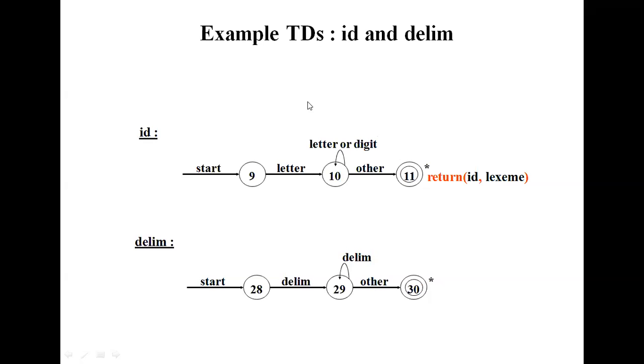And here for the identifiers, we are taking both letter or digit. And the written statement that we are executing here is ID in the form of a lexeme. This is the way of representing transition diagrams for the IDs and for the delimiters. Delim, we can call it delims.